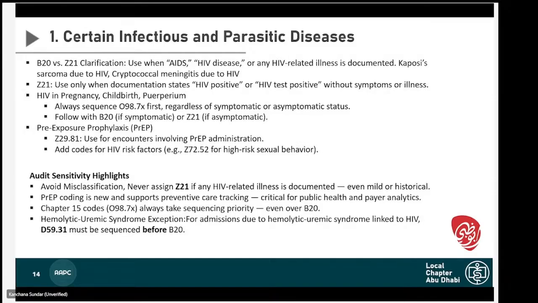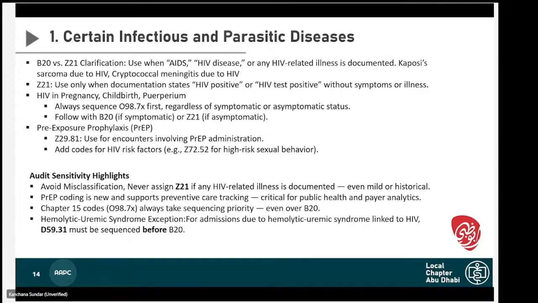And just to recollect what we have read through this chapter, so B20 versus Z21 clarification: we use B20 for AIDS, HIV disease, and any HIV-related illnesses documented. These are the common HIV-related diseases which we see in the documents.